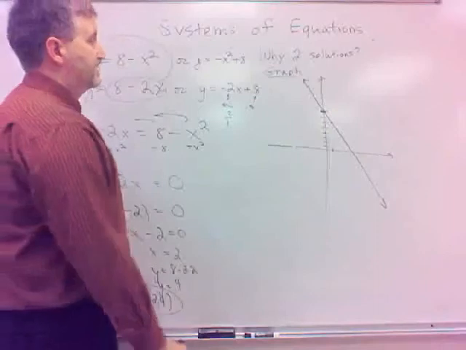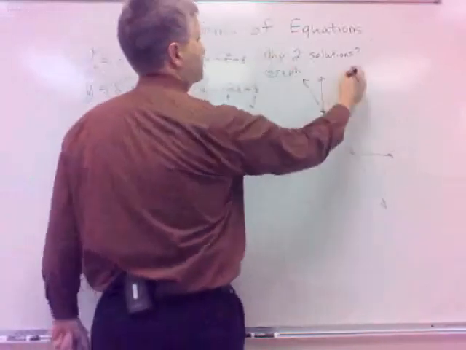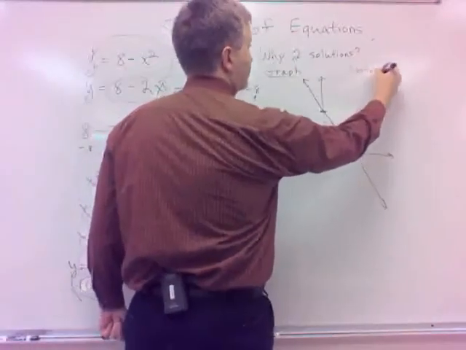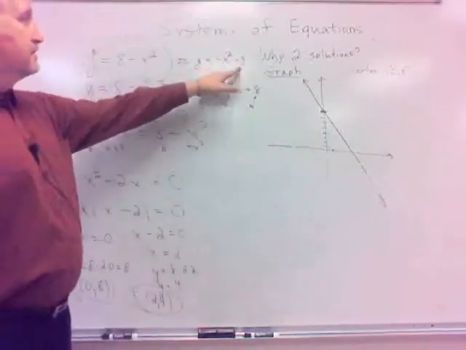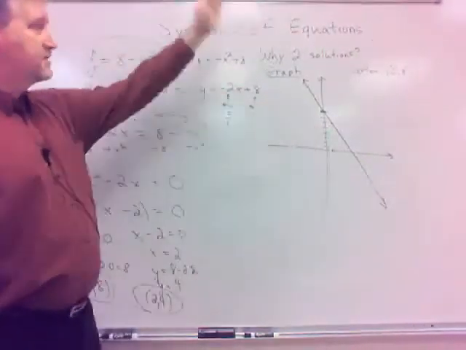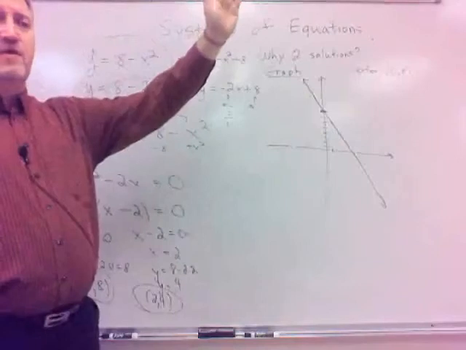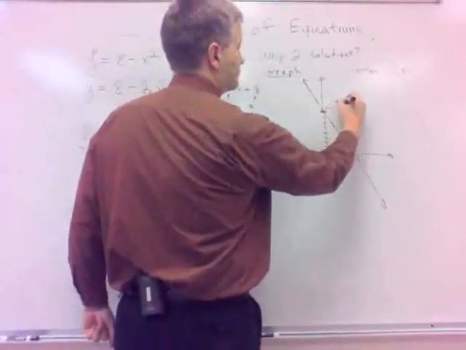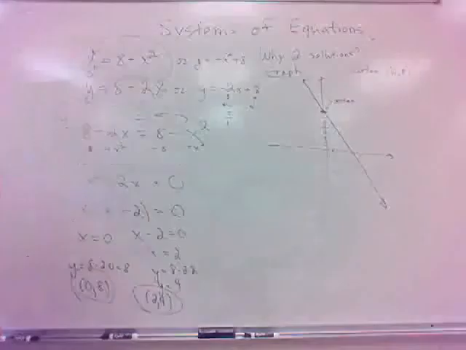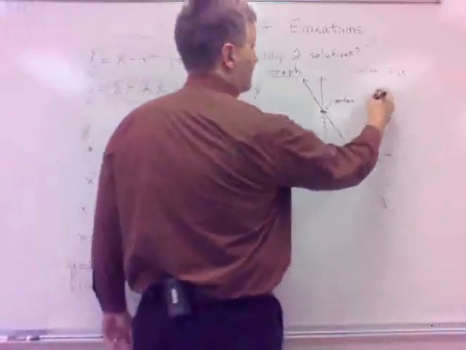What's the vertex? Vertex be 0, 8, wouldn't it? That's another thing we talked about. Since it starts at 0, 0, and I'm just shifting it up 8, the vertex is 0, 8. So here's my vertex of the parabola. If you want, just get a couple other points there.